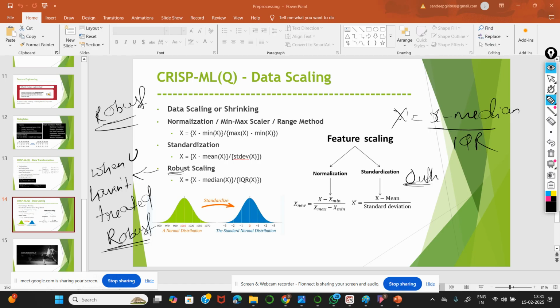Why? Because the median never gets influenced by outliers, but the mean gets influenced. So this technique gives you a new column, just like normalization and standardization, in such a way that your final data median value will be 0 and IQR value will be 1 if you use robust scaling.